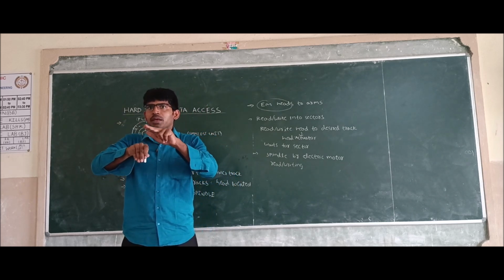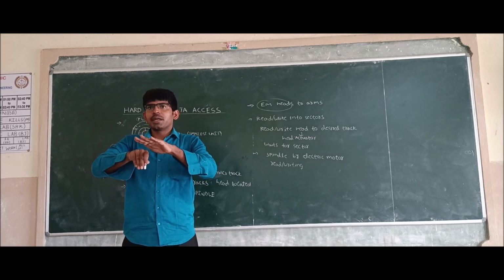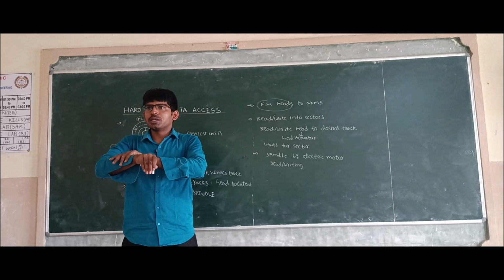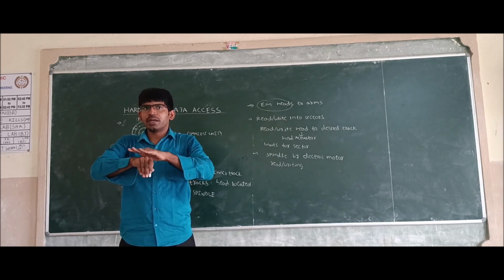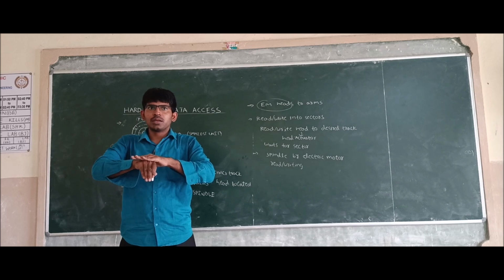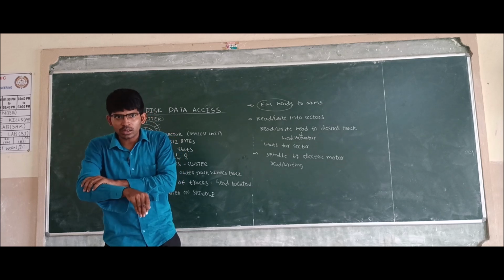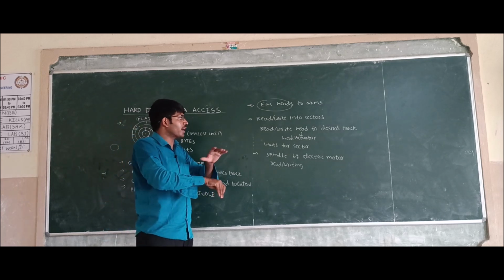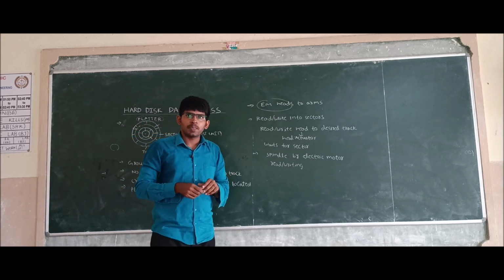I am placing my head at the particular sector by using the arm. This arm is connected to this head. But how do we move this arm? By using a motor, the head actuator.